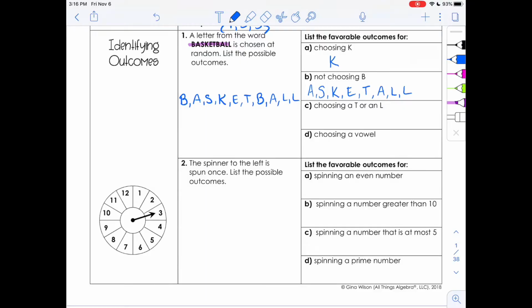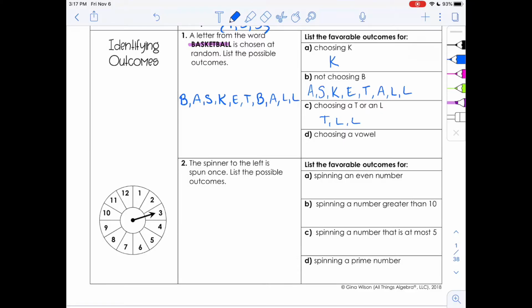Then choosing a T or a L. So that means we can choose T, we can choose L, or we can choose our second L. D, choosing a vowel.